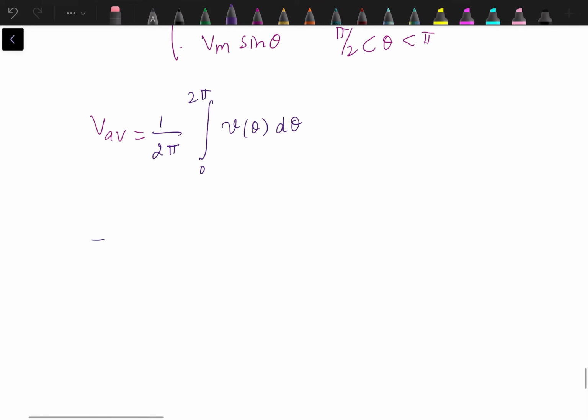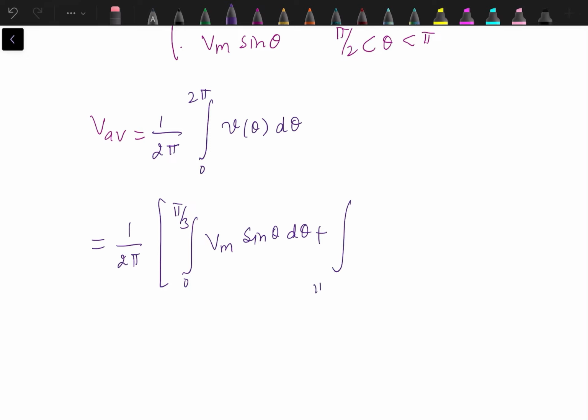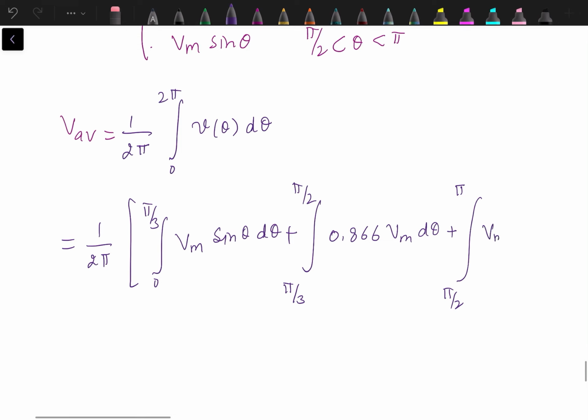Now we need to break the integration limits. 1 upon 2 pi from 0 to pi by 3, it's Vm sine theta into d theta. From pi by 3 to pi by 2, it's 0.866 Vm d theta, and from pi by 2 to pi, again Vm sine theta into d theta.